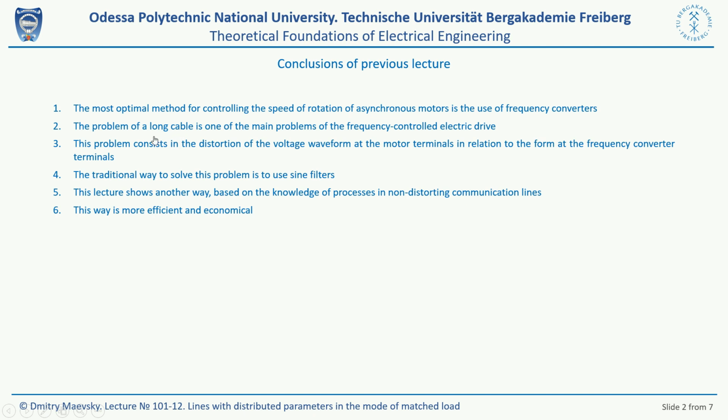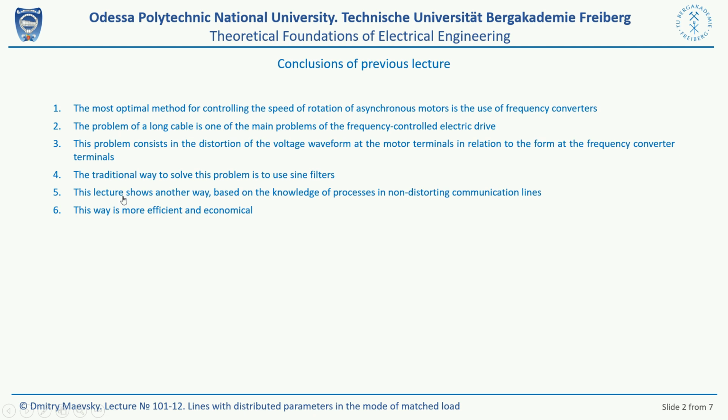which is the distortion of the voltage waveform at the motor terminals relative to the form at the terminals of the frequency converter. The traditional way to solve this problem is to use sine filters.